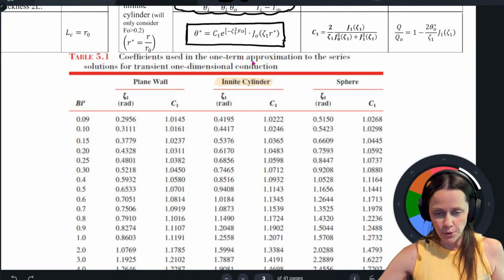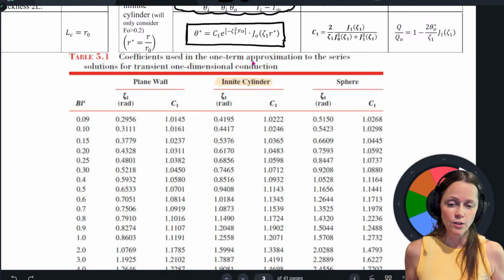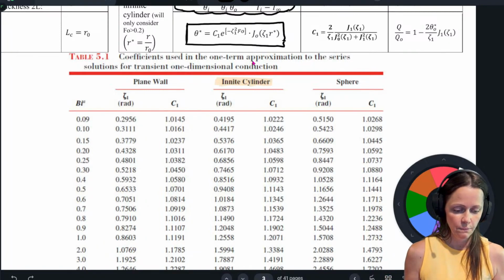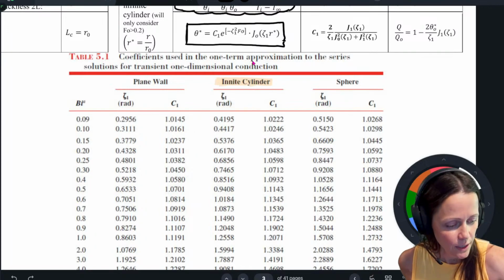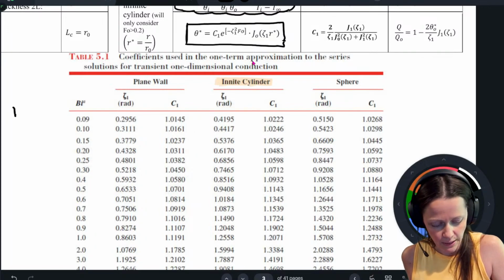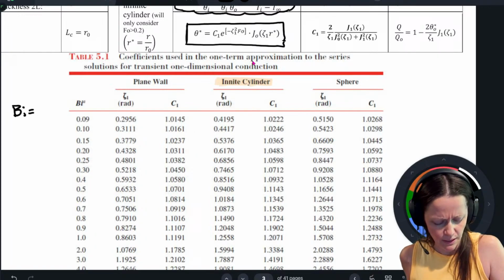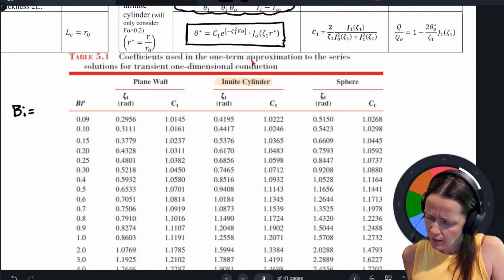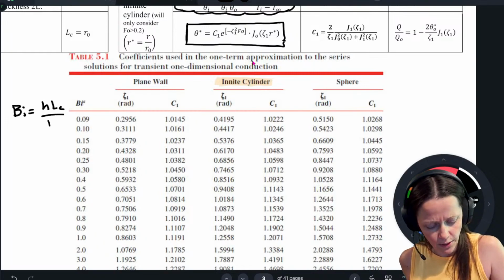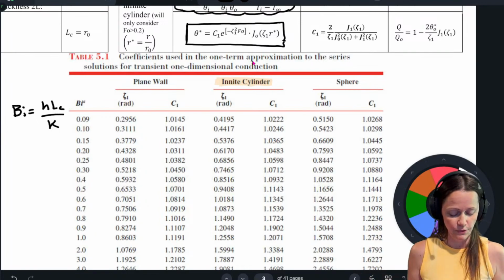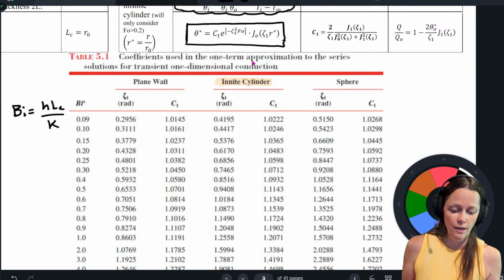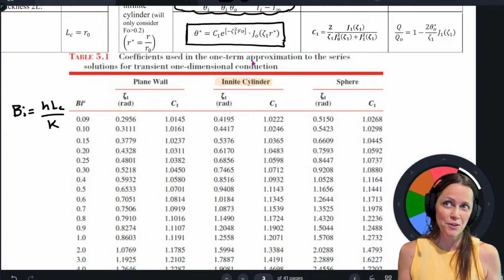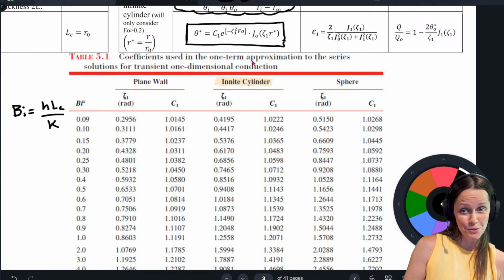You may remember with the lumped capacitance model, we were specific on how we were going to define that Biot number because that was dependent on the characteristic length, right? Your Biot number is h Lc over k. Sorry, I blanked for a second. And Lc, we said, for a cylinder could sometimes be R naught over 2, sometimes R naught.